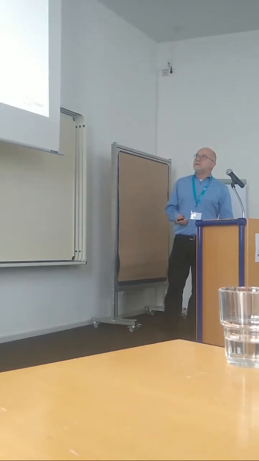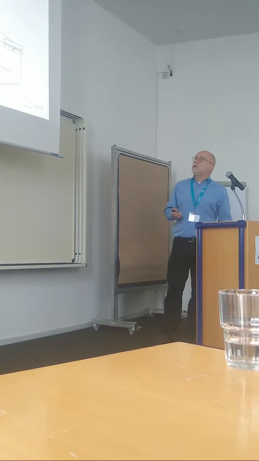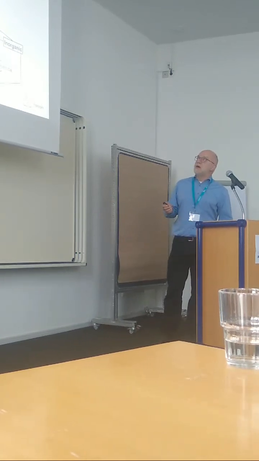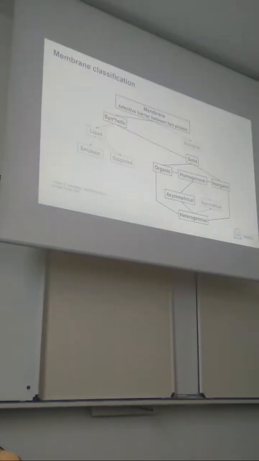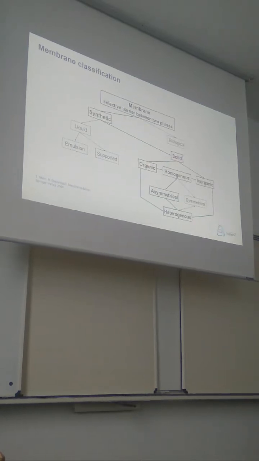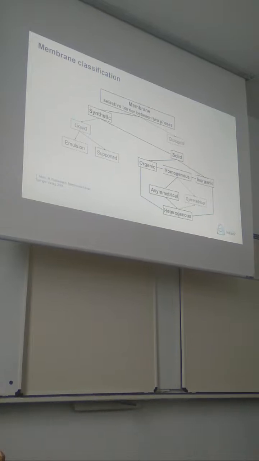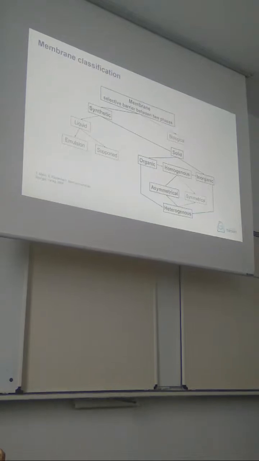Now, what are the membranes for hydrogen application? If we look at membranes in general, we've got a map like that. It's a selective barrier between two phases. What we are talking about are synthetic membranes, and they are solid. They can be organic, like the polymers I'm talking about, or they can be inorganic. These might be zeolites or palladium-silver alloys that are also hydrogen selective.